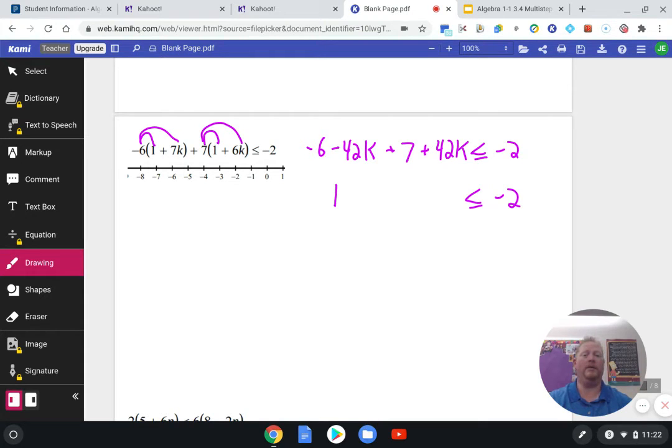No. A positive number is always bigger than a negative number. So this is a false statement. So we would say no solution. And if we were to graph that, we would graph absolutely nothing. So by leaving the graph blank, we've done it correctly.